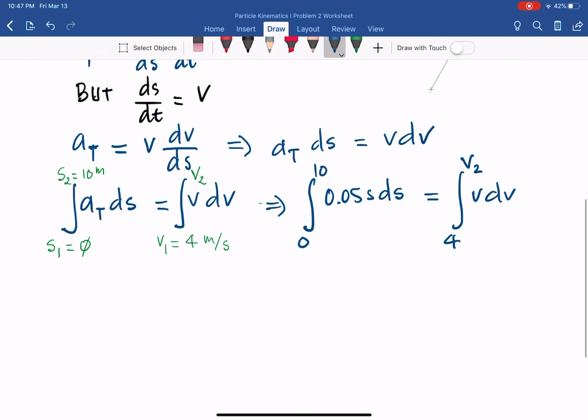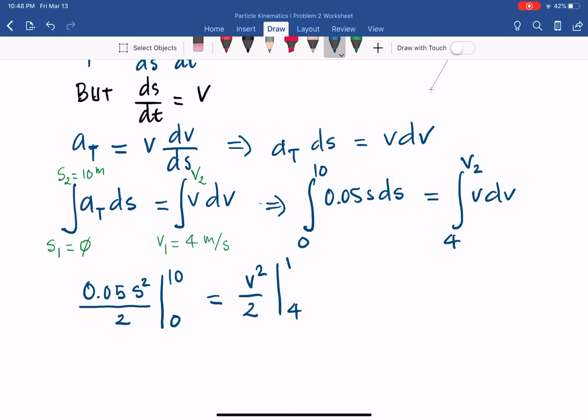From the simple equation, v dv equal to a ds, with the integral, we rewrite it as 0.005 s ds, which will be s squared over 2, going from 0 to 10, equal to the integral of v dv, which is v squared over 2 from 4 to v2.